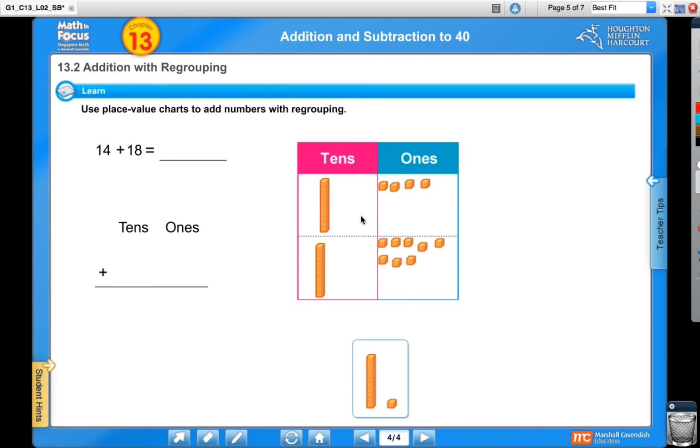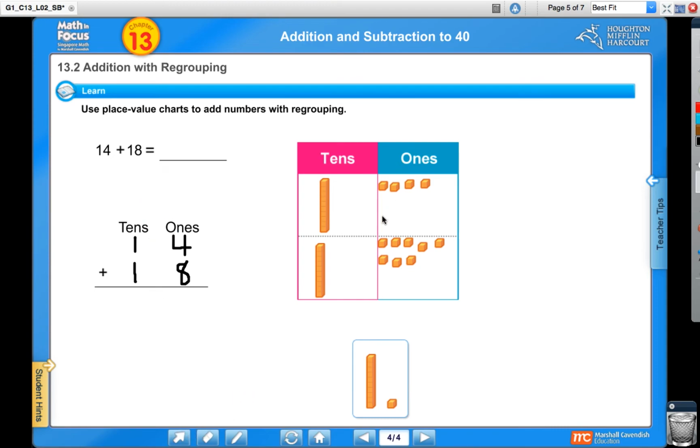Now it's always best to go back and write your problem in the vertical form. So here we go. That was the wrong number. 14 plus 18. Notice I lined up my ones and my tens.